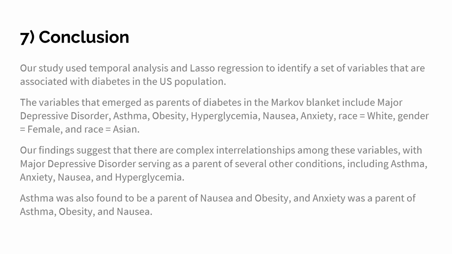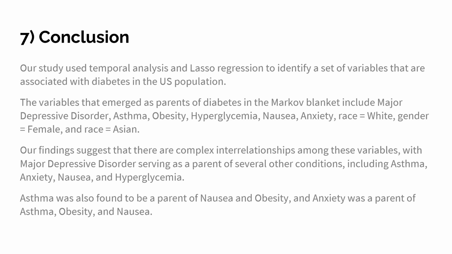The variables that emerged as parents of diabetes in the Markov blanket include major depressive disorder, asthma, obesity, hyperglycemia, nausea, anxiety, and these last three, which technically we didn't include, but I feel like it's interesting to include them maybe for further research, are the demographic variables white, female, and Asian. Could be used for further studies to research demographic relationship to these conditions.